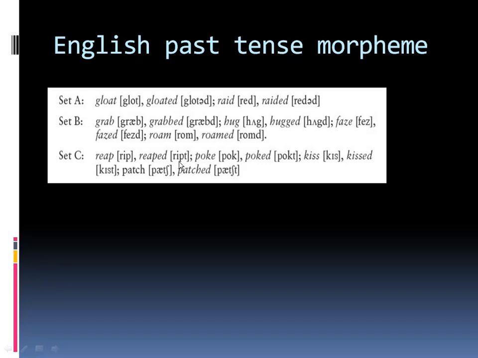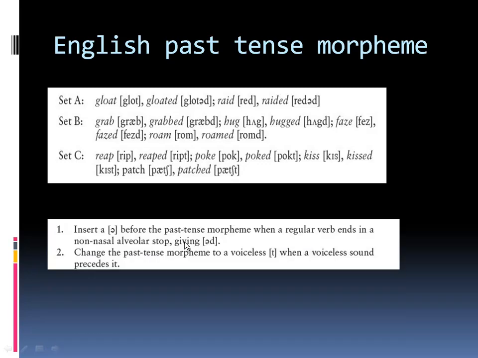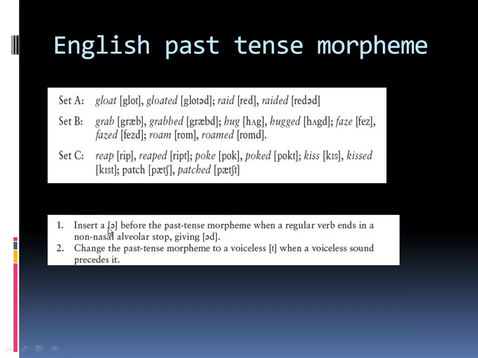But over here, all the d sounds become t, t, t. Are you beginning to see a pattern? I am. Okay. Rule number 1. Insert the schwa before the past tense morpheme when a regular verb ends in a non-nasal alveolar stop, giving an ed. Okay, alveolar stop sounds.